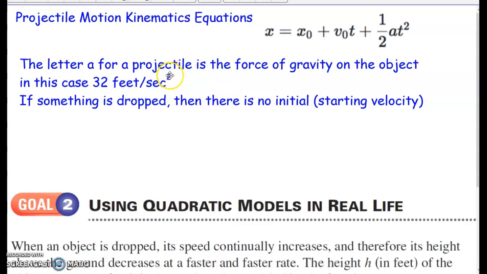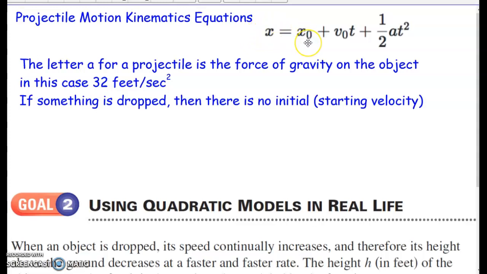The letter a for projectile is the force of gravity on an object. In this case, it would be 32 feet per second squared because most of our problems today are in feet per second squared. If something is dropped, then there's no initial starting velocity. In this equation, x would represent distance traveled.